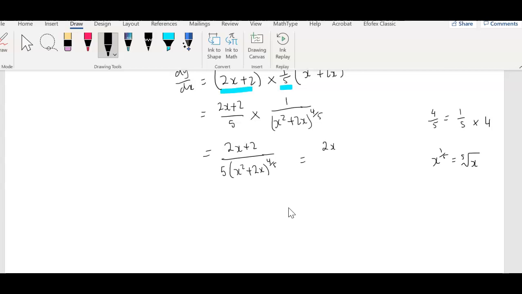So we're going to keep 2x plus 2 on the numerator. The 5 stays there. And then we're taking the fifth root of x squared plus 2x. Make sure you put it in brackets because all of that is to the power of 4. And just make sure your vinculum, the line separating your numerator and your denominator, goes all the way, and your square root sign goes all the way as well.